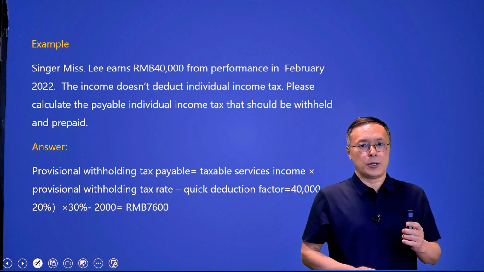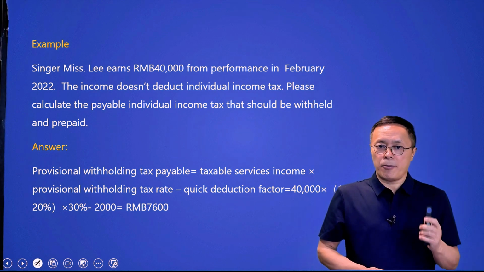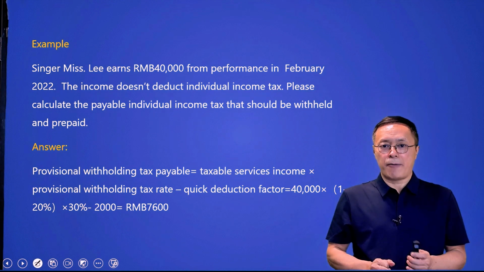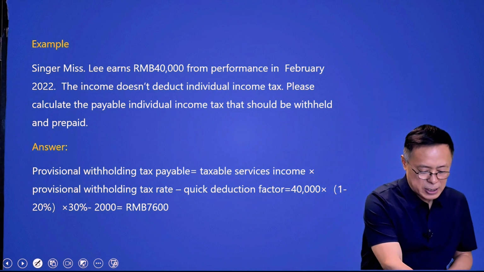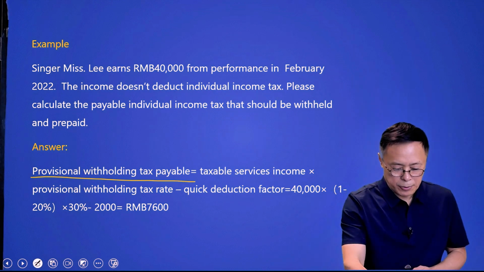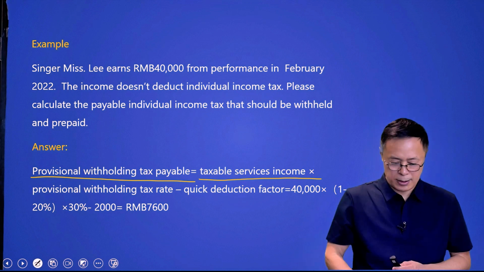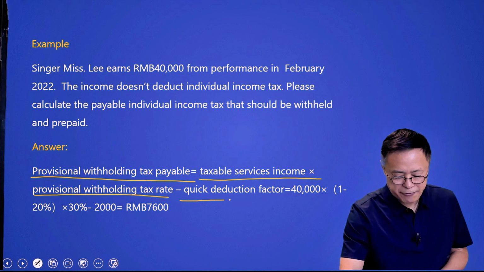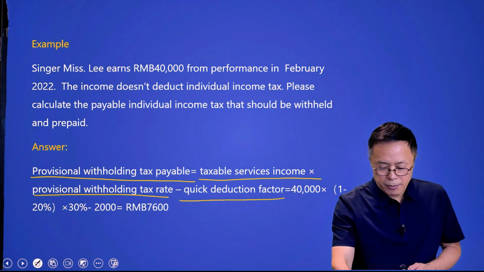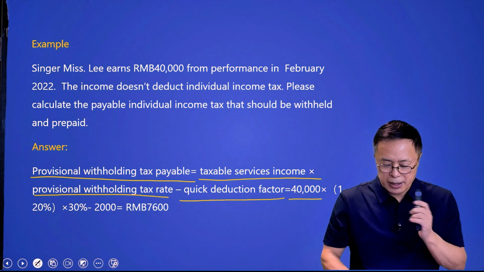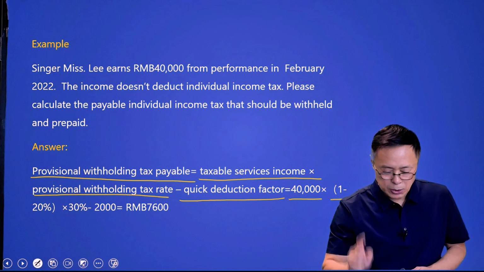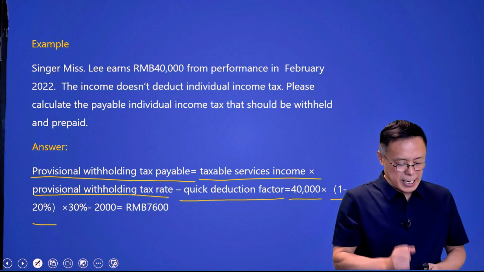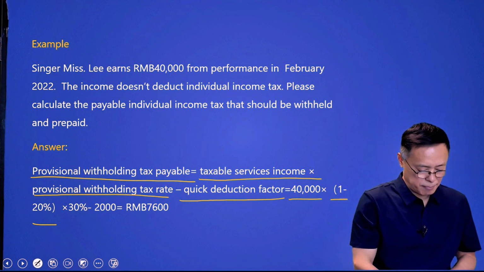We've known that remuneration from performance belongs to service income, so we directly apply the above formula. Provisional withholding tax payable equals taxable services income times provisional withholding tax rate minus quick deduction factor. Here, the full amount of income is 40,000 less 20% deduction. The result is 34,000.